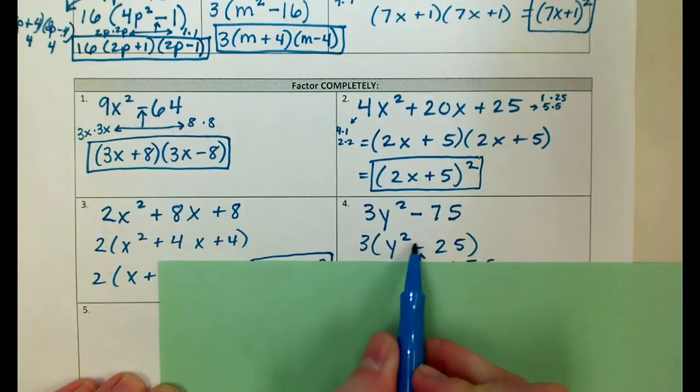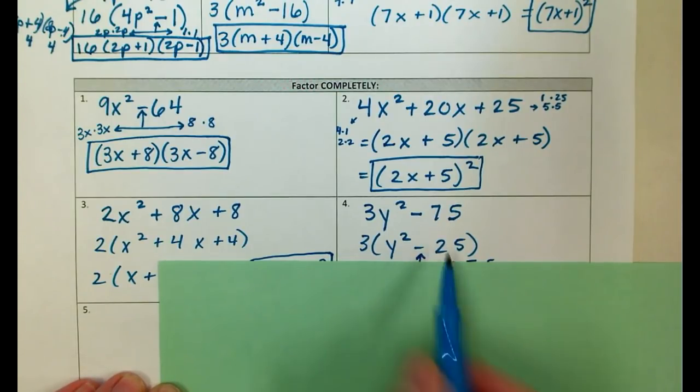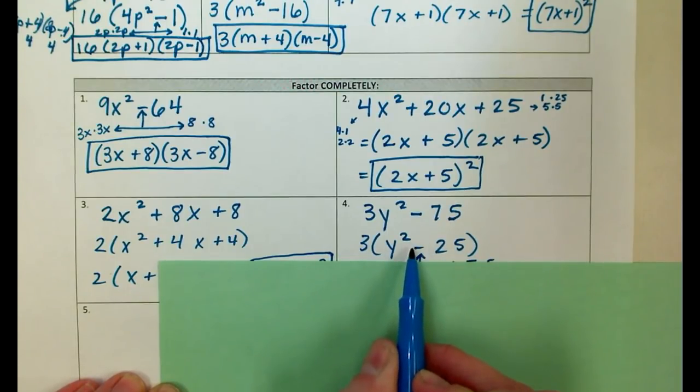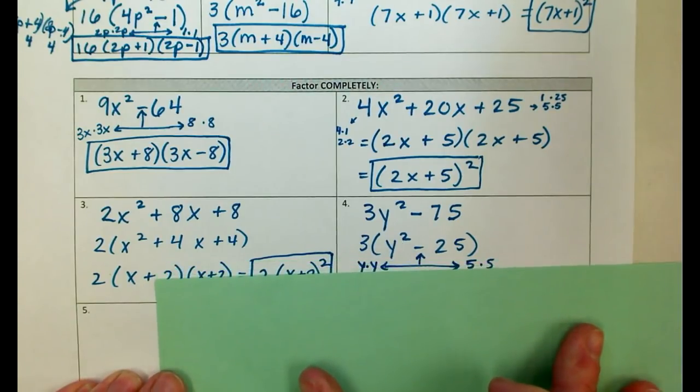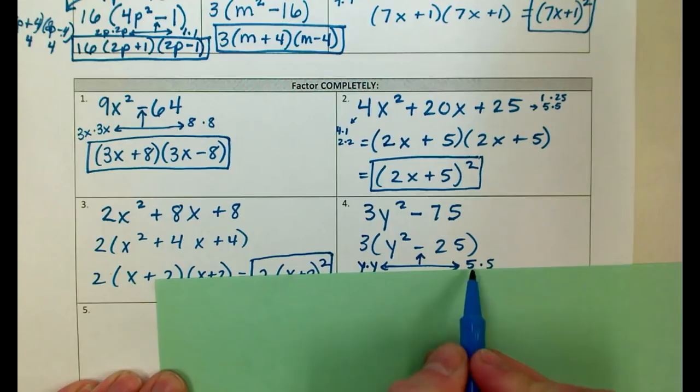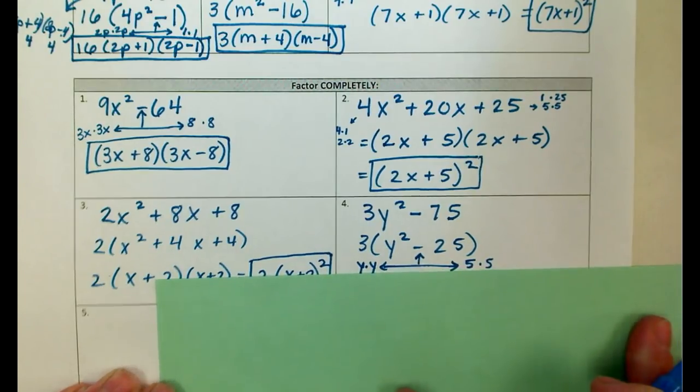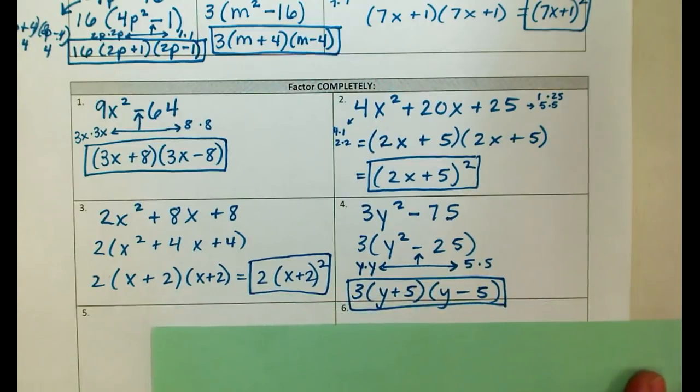Then I noticed I had a subtraction sign between two terms. So maybe I have the difference of two squares. Well, the y squared is y times y, and 25 is 5 times 5. So I do have the difference of two perfect squares. So my final answer reads 3 times y plus 5 times y minus 5.